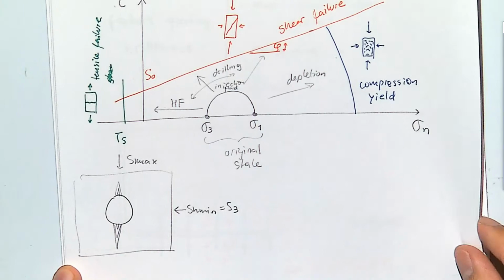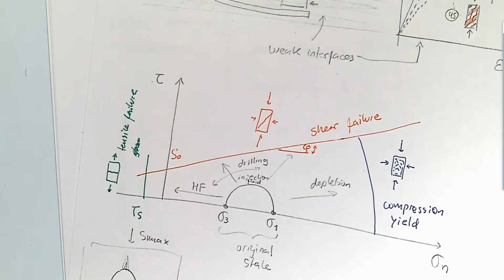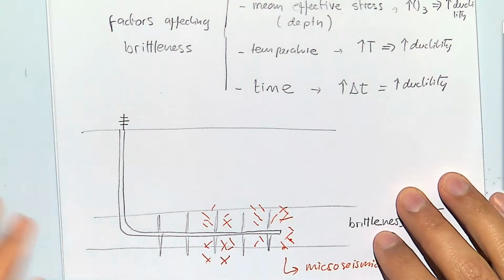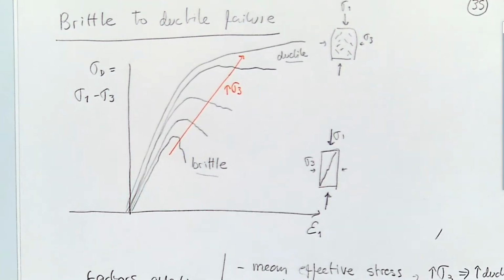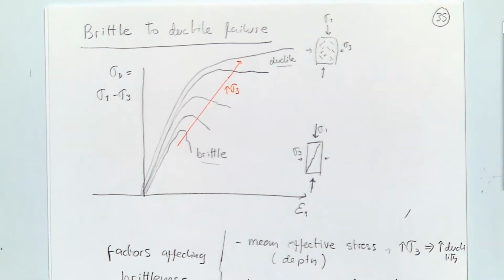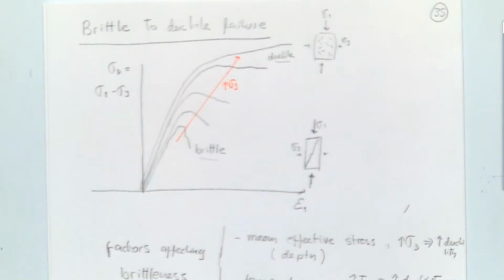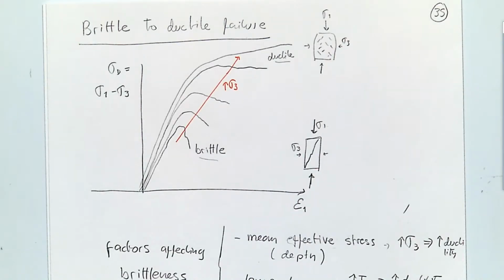All right, and after we talked about strength and anisotropy and the compression yield, we talked about the transition of rocks failing in brittle fashion to ductile. And what that means is when the rock is brittle, it breaks into very well-defined failure planes. When it's ductile, it's more like it flows. Sometimes you can see some small fractures, sometimes you cannot.